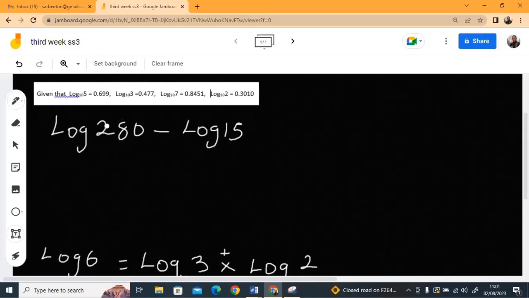If I were you, for log 280, how do I multiply numbers to give me 280? If I multiply, 7 goes into 280, 40 times, and 5 times 8 is 40.